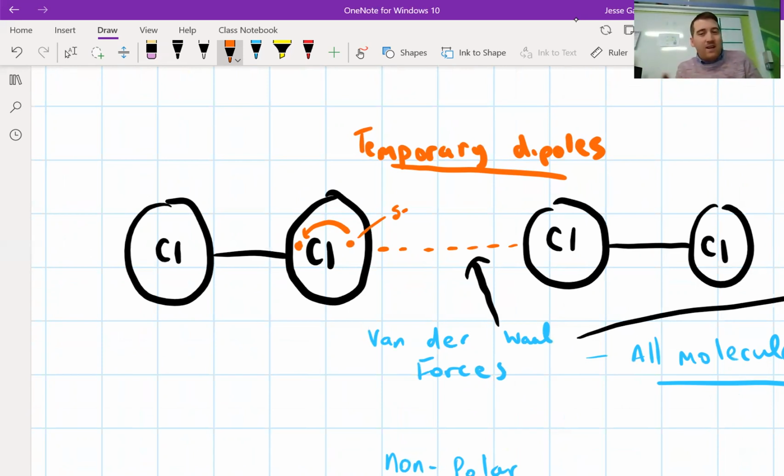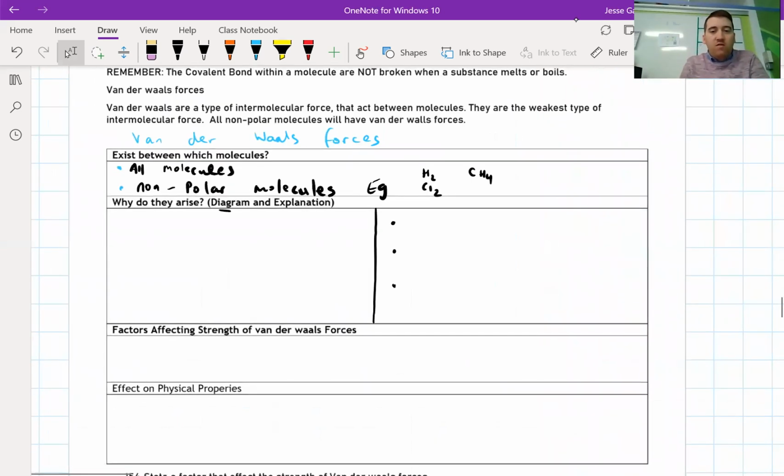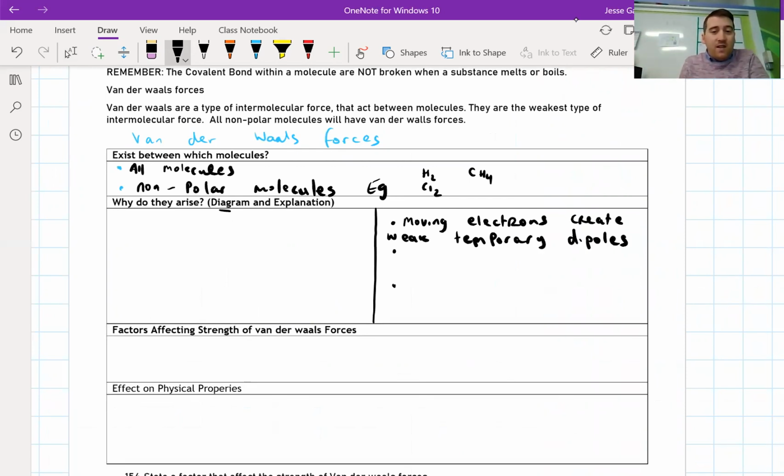So we've got these tiny, weak temporary dipoles. All right, so once you've drawn the diagram, we're back to the explanation. How do they arise? They arise from the movement of electrons. So moving electrons create temporary dipoles, and the dipoles in two molecules attract each other.